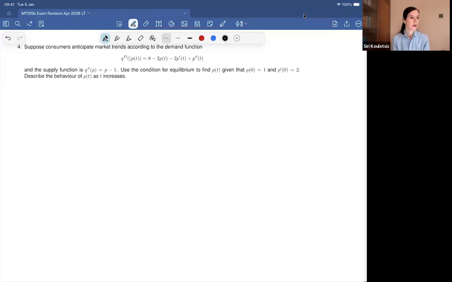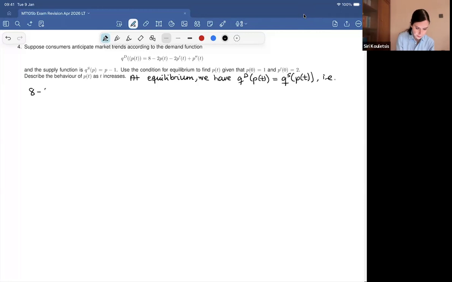Well, let's start here. We started this revision with finding equilibrium points. So we know that at equilibrium, we have QD of P of T equals QS of P of T. So let's write out what we get.